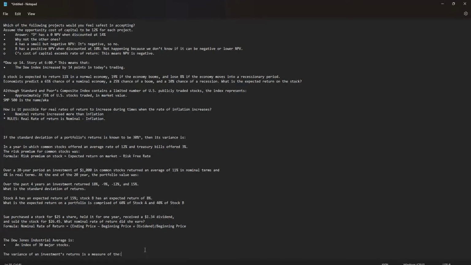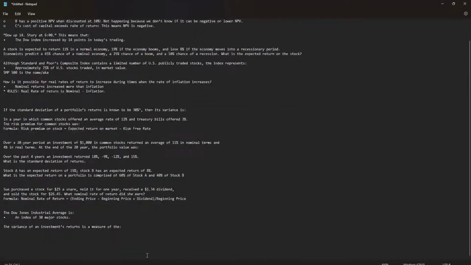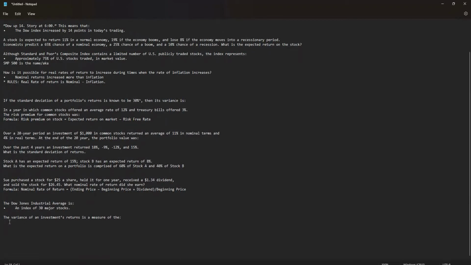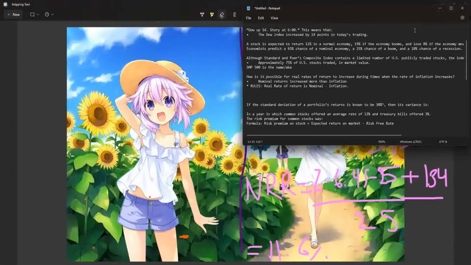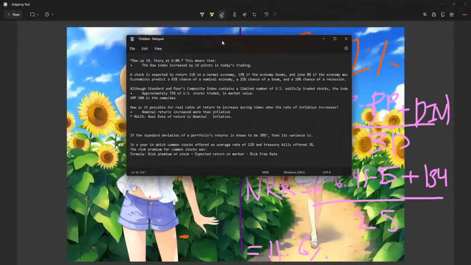So the variance of an investment's return is a measure of the what? Do you know it? Is it the volatility?